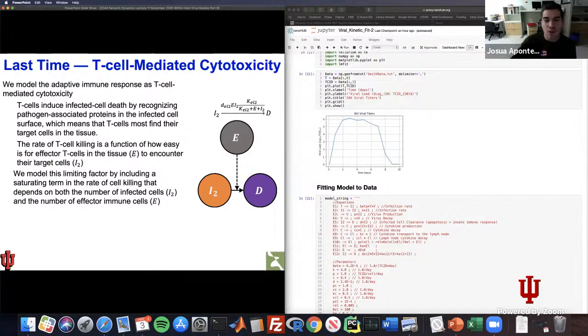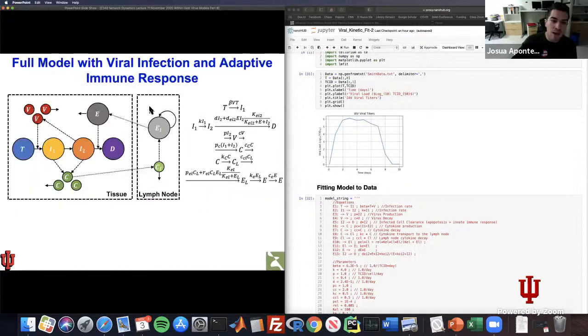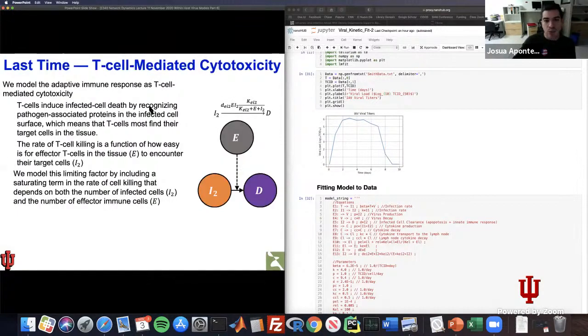No. But the idea again is that the reason we included this specific mathematical form is that we wanted the rate of killing to be limited both when you have a small number of infected cells and when you have a small number of T cells.